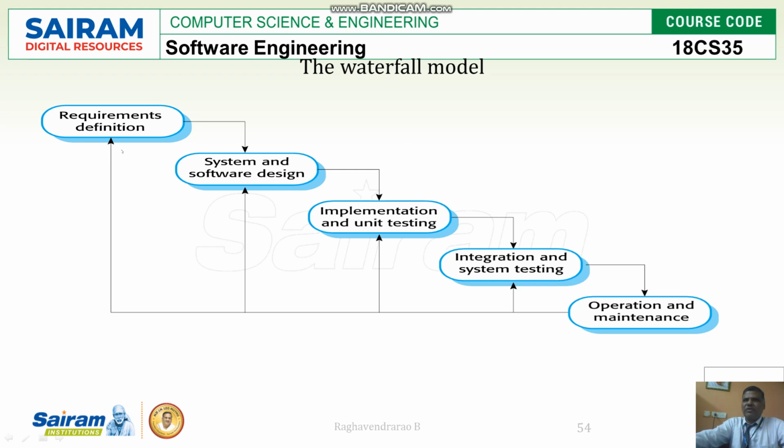In requirements definition, all the requirements are gathered, and they are analyzed in the second stage. Then system design takes place: whatever the requirements are, they are taken into the form of a system design, and interfaces are also designed.